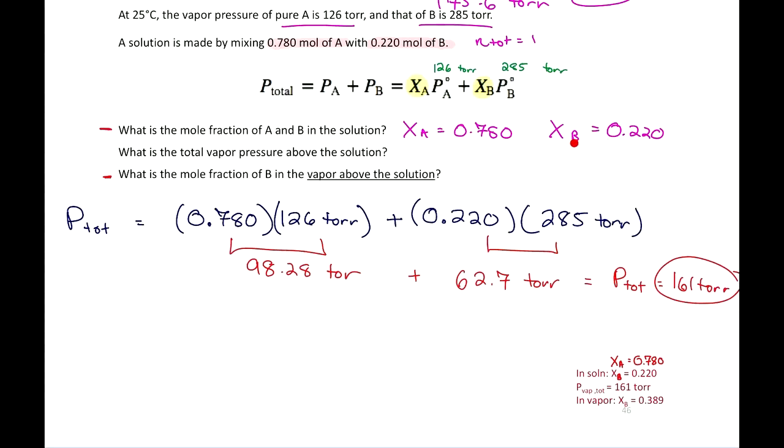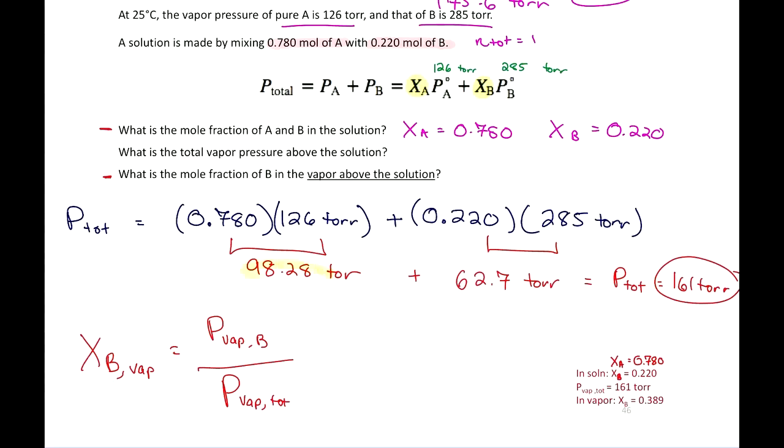So what a lot of students will want to report is this number right here. Oh, that's the mole fraction of B, but this is the mole fraction of B in what? In the liquid phase, yes. So to get the mole fraction of B in the vapor phase, if I know the vapor pressure that B is contributing, and divide it by the total vapor pressure, I can get the mole fraction of B in the vapor phase. I actually have all of the numbers I need right here on this slide, right?